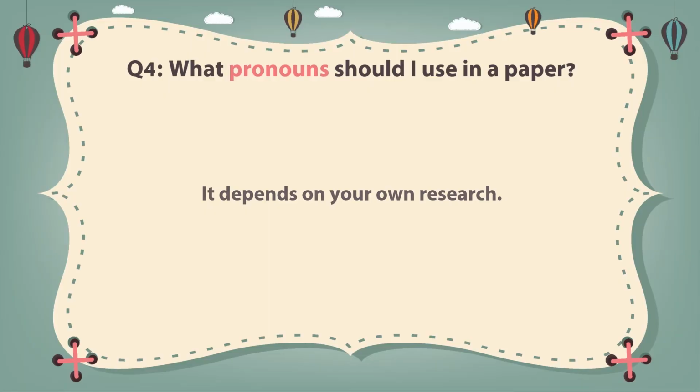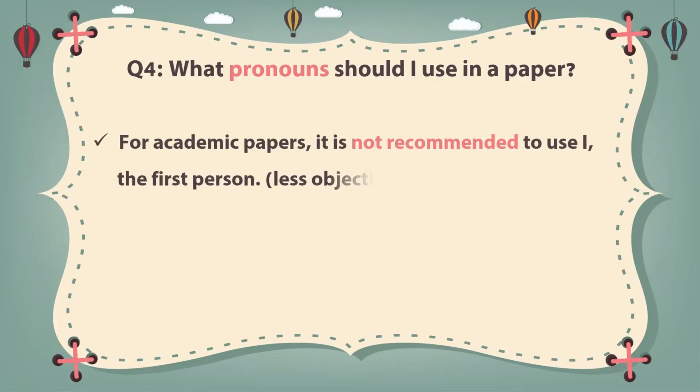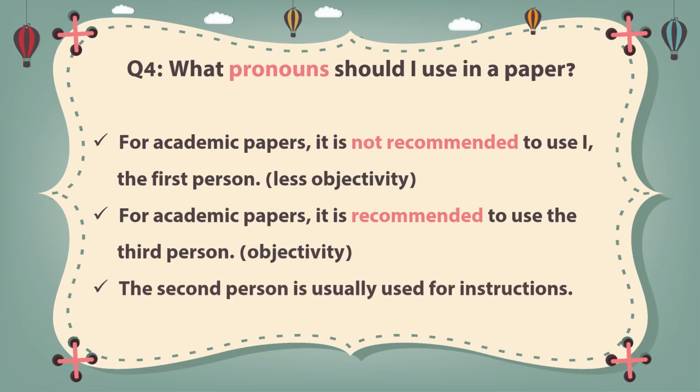But again, for academic papers, it is not recommended to use I, the first person, because there is less objectivity. That's why third person is the one that we use in academic papers, because it gives objectivity, it makes it more distant. And the second person is usually used for instructions that maybe you have to write, or speeches.